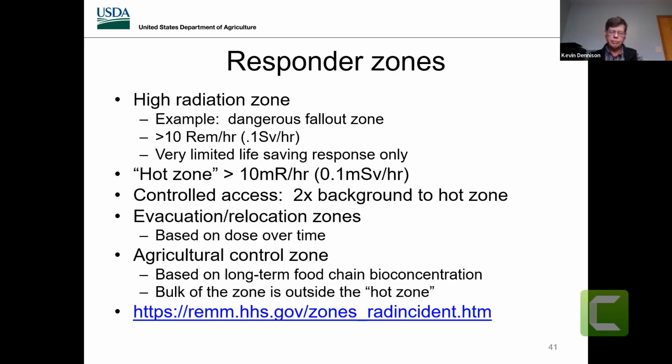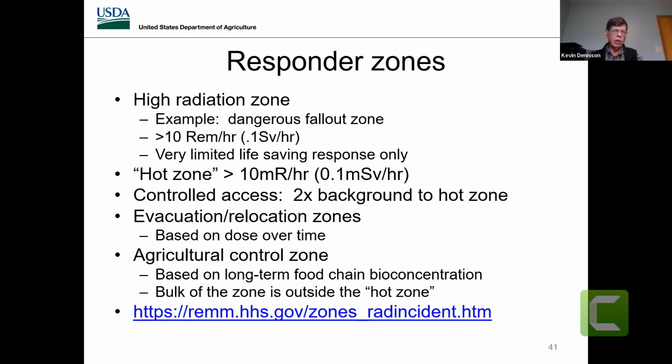The hot zone is poorly defined, but IAEA and some other sources usually call that 10 millirem per hour, 0.1 millisievert per hour. And a controlled access zone is going to be the evacuated zone between there and the hot zone.